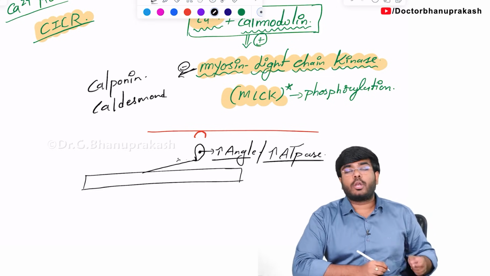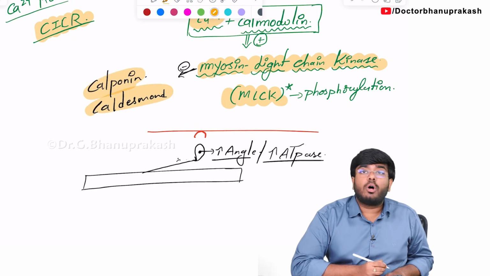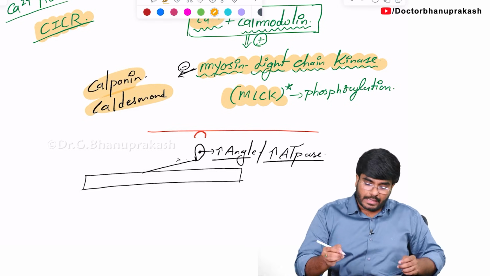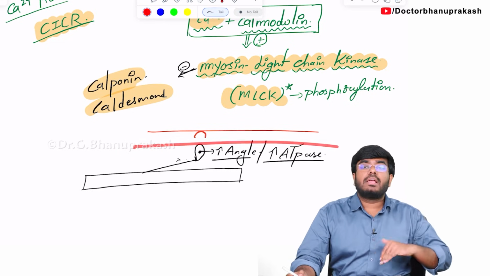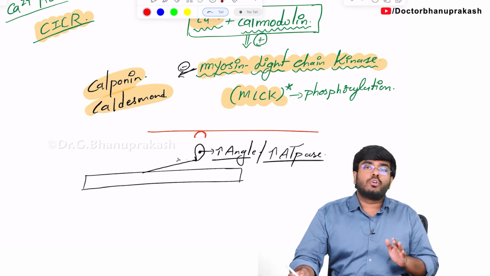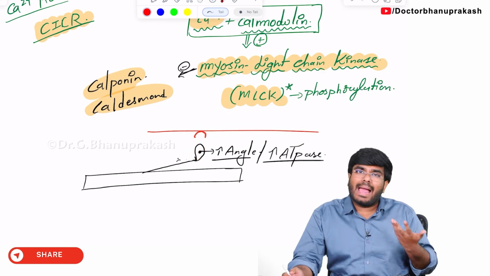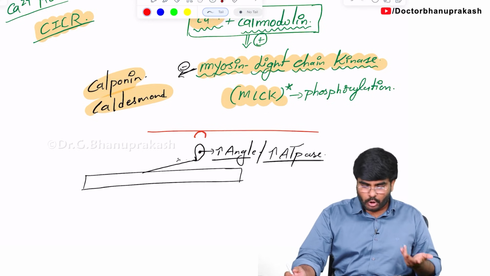Whenever calponin and caldesmon are phosphorylated, they are not going to interfere with the actin-myosin binding. So now the myosin can bind with the actin active site, and muscle contraction is going to happen.